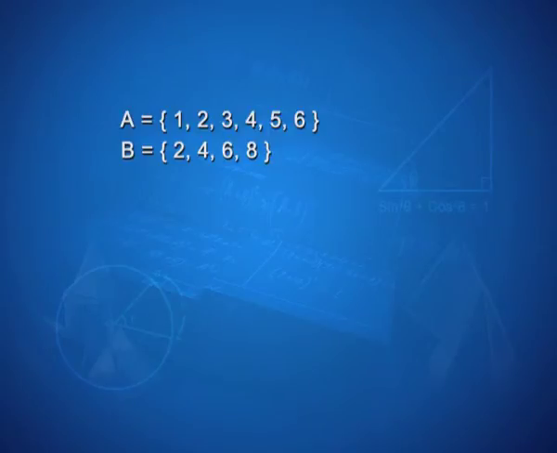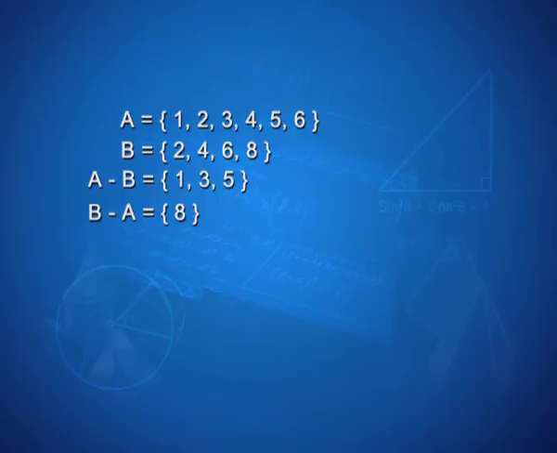Then the difference of sets, that is A minus B, will be the elements of A that do not belong to B. Therefore, A minus B will be the set containing the elements 1, 3 and 5. B minus A will be the set of elements which belong to only B but not A. And we can see that B minus A will be the set containing the element 8.